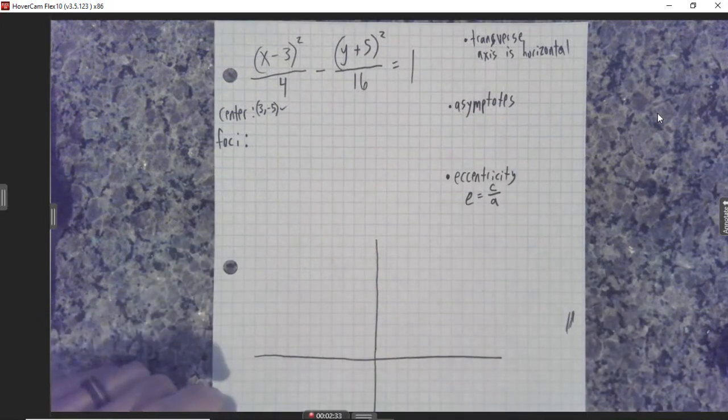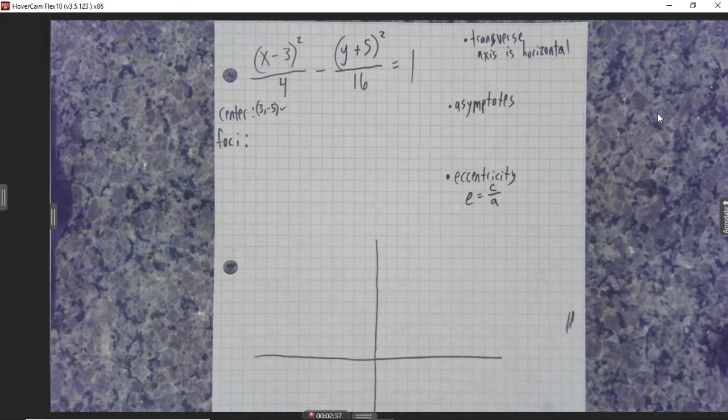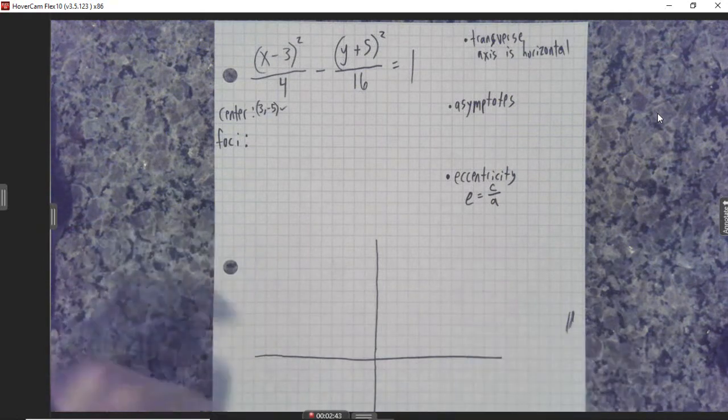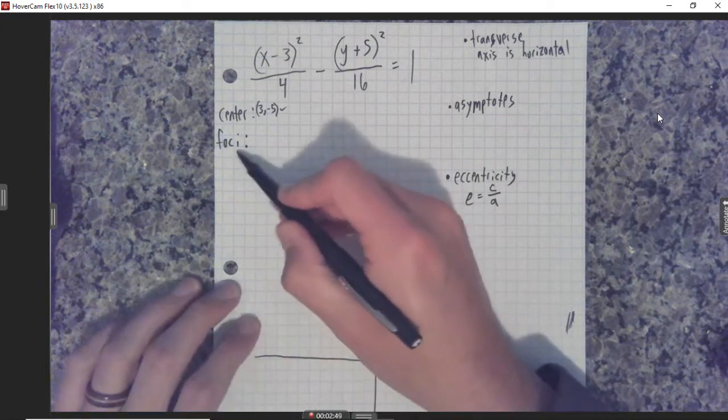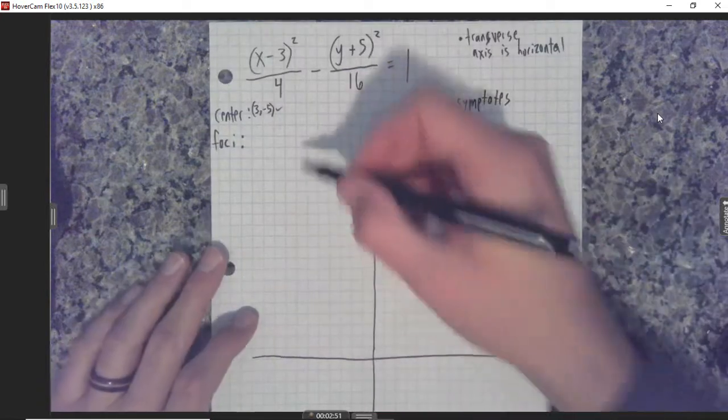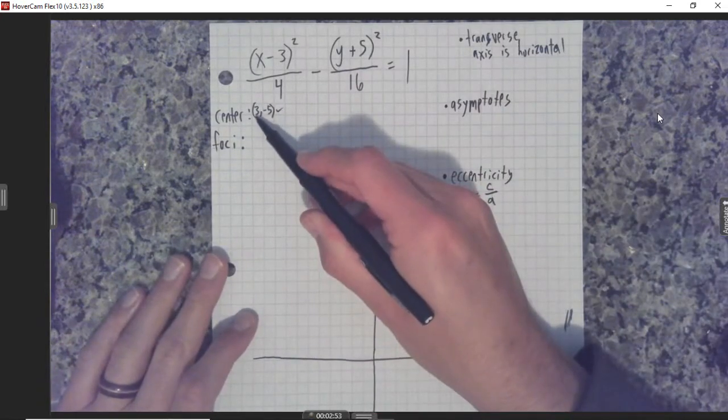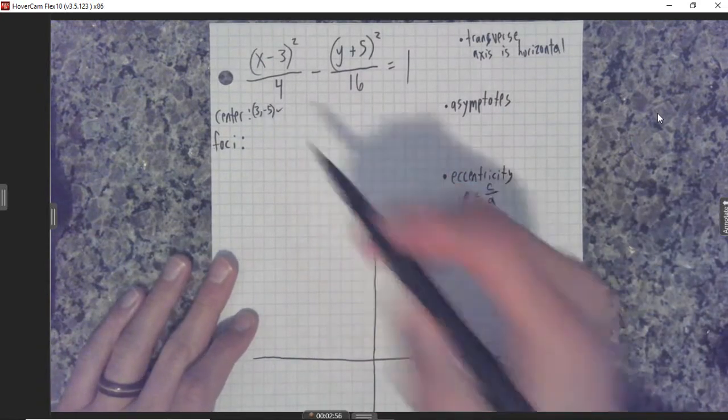Let's go ahead and do the foci. For the foci, you're going to need your c, and we've got to remember the relationship for the foci. But first of all, let's plot the center. We have (3, negative 5).